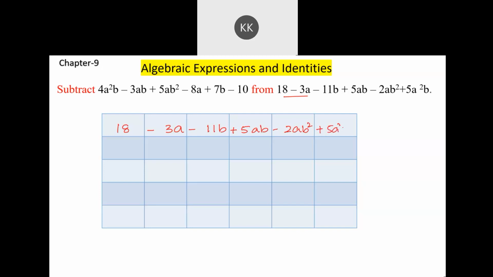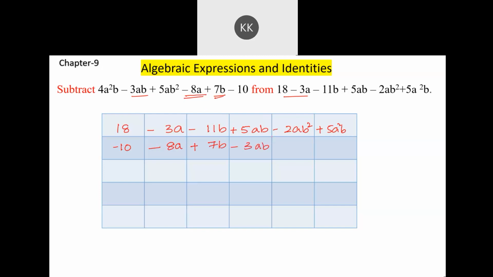So if I write this expression first, now I have to search for the constant. Here the constant is negative 10. So minus 10 I'll write here, followed by A. A term is present, minus 8A. Now B term is positive 7B. Further, there is AB term, minus 3AB.